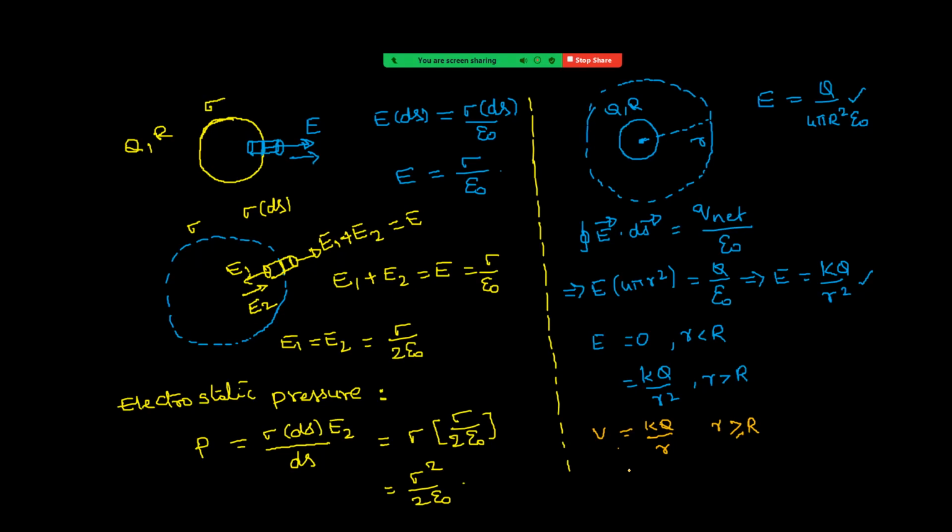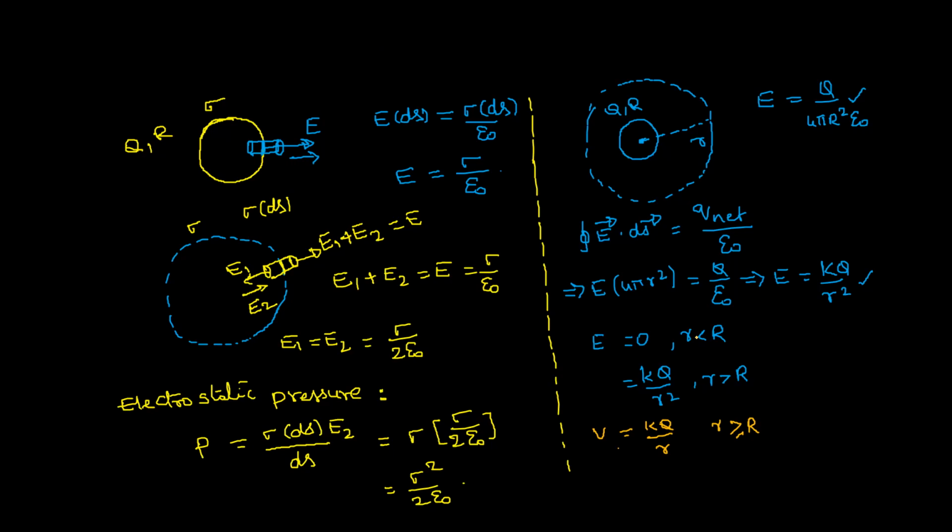Now see carefully how to calculate potential at any point inside the shell. We have to recollect the definition of potential. It is the work done in moving a unit positive charge slowly from a reference point up to that point.